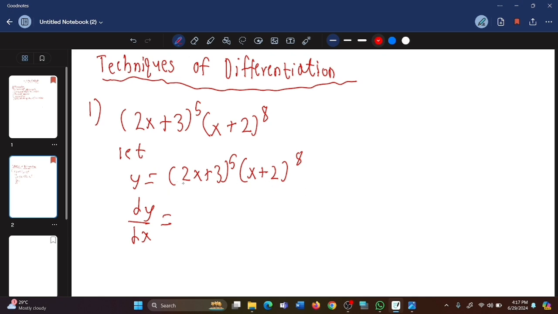We can see that this equation is a UV equation, that is, we multiply two factors containing variables. The x's that you see are variables. Here, one factor is (2x + 3) to the power 5, and the other factor is (x + 2) to the power 8. These are two factors that are multiplied, and thus we need to use the formula of UV differentiation.